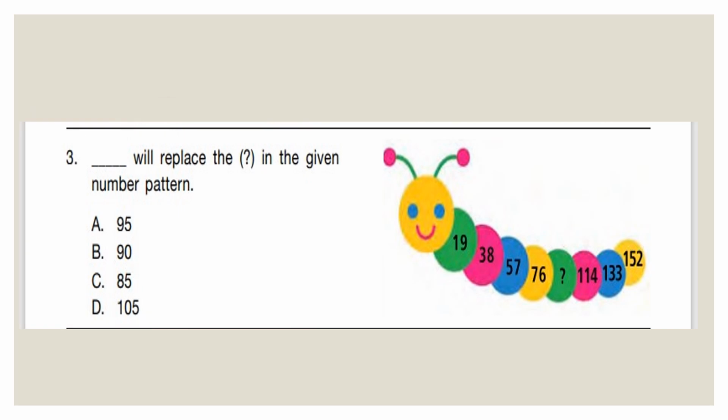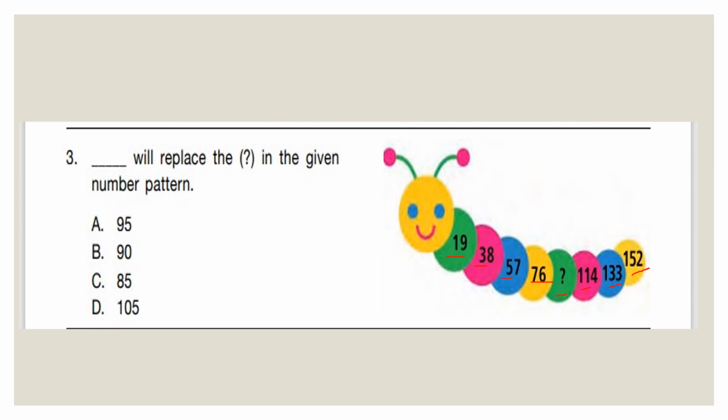Question number 3. Which number will replace the question mark in the given number pattern? Option A 95, option B 90, option C 85, option D 105. Here the number pattern is given: 19, 38, 57, 76, question mark, 114, 133, 152.